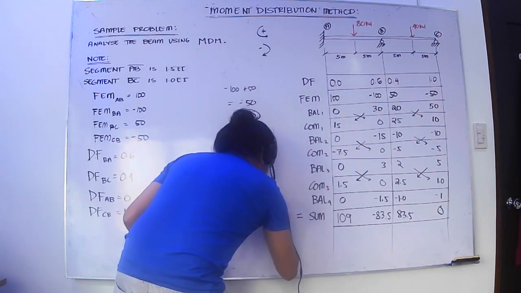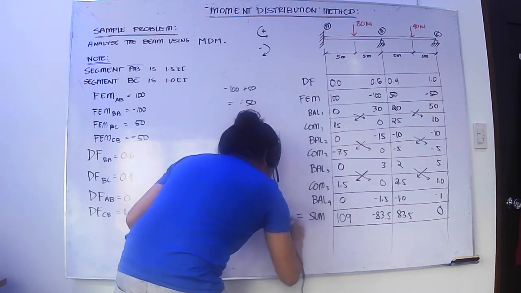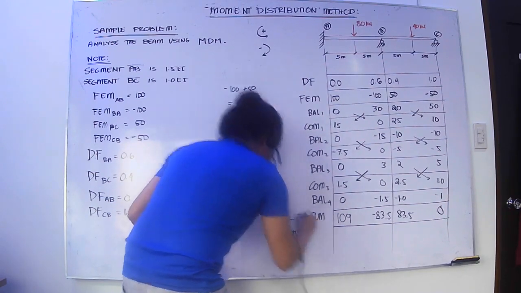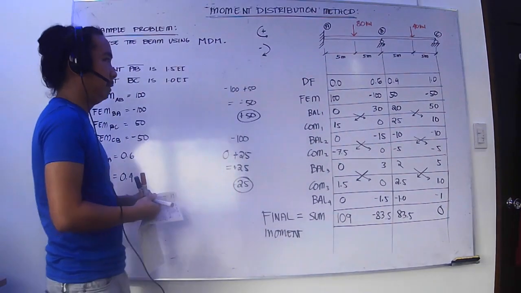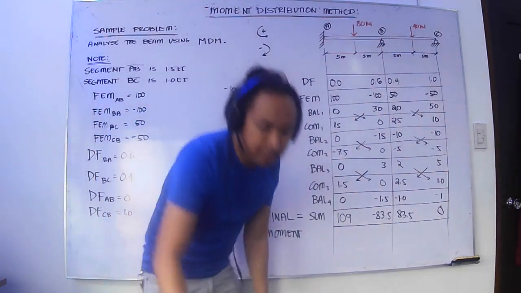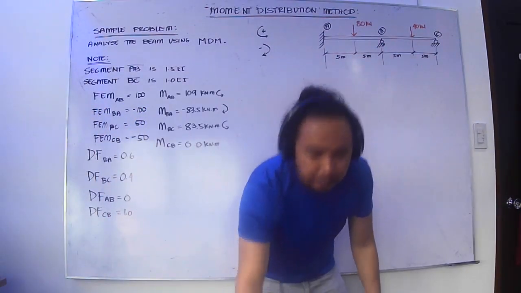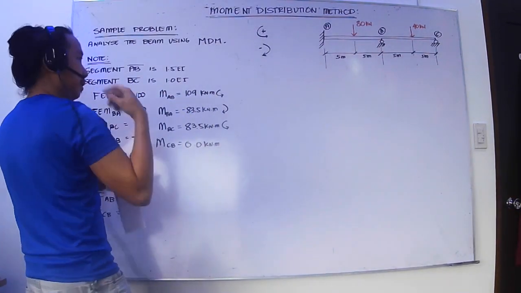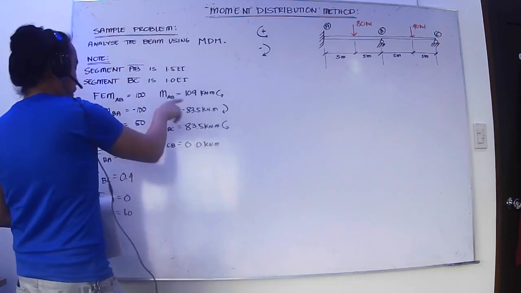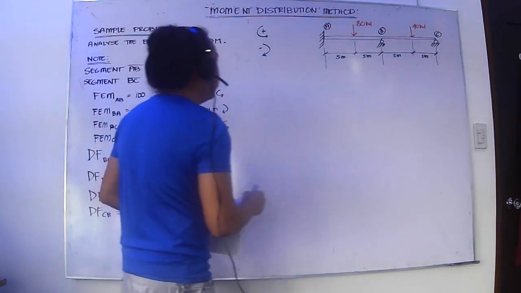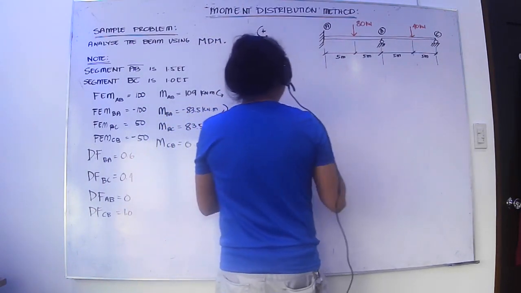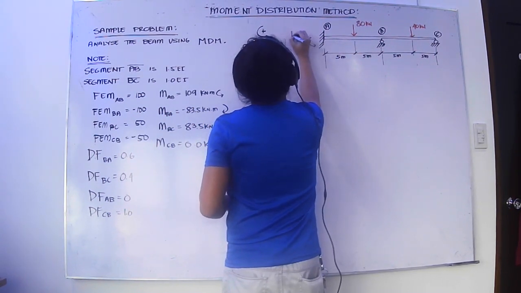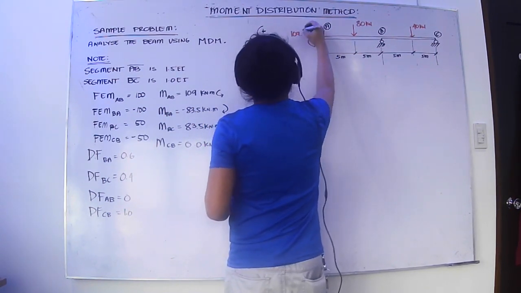By the way, these are the final moments, or rather the final internal moments. So we have solved the internal moments. You know that this is MAB. MAB is equal to 109, 109.